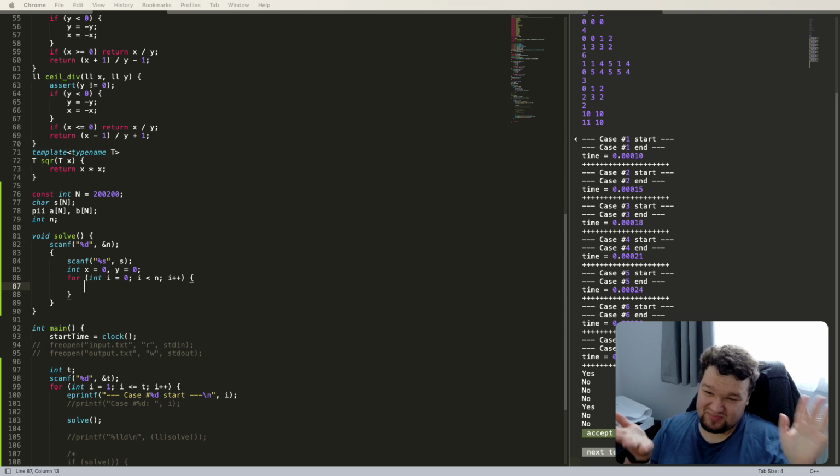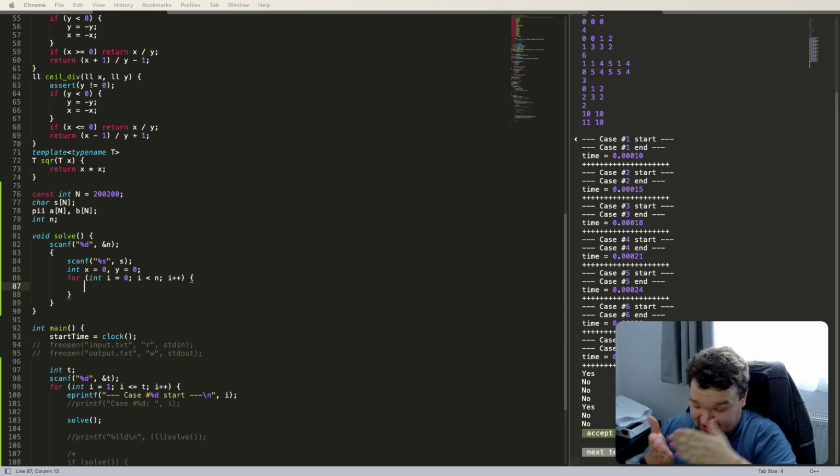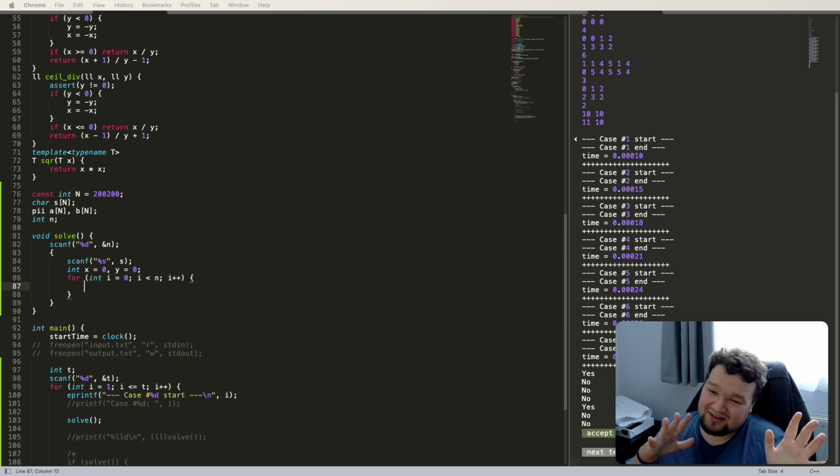Since it's all symmetrical, it doesn't really matter. I shouldn't care about what is 0 and what is 1. If I'm consistent with it, it will be fine.